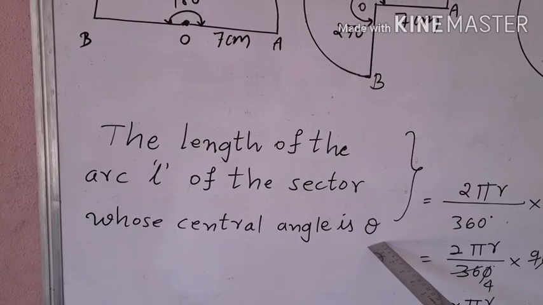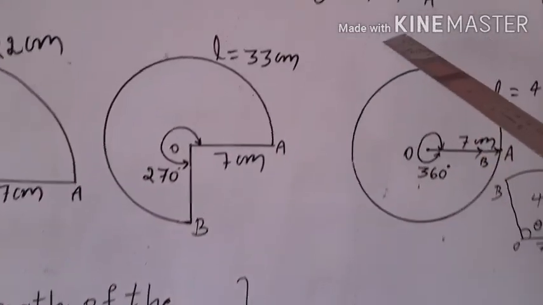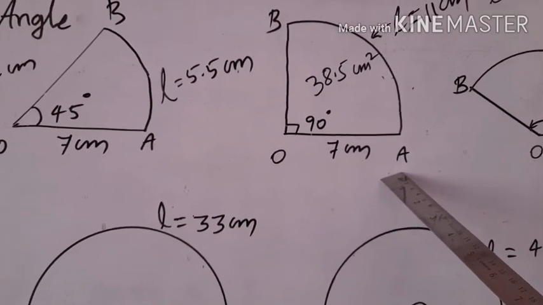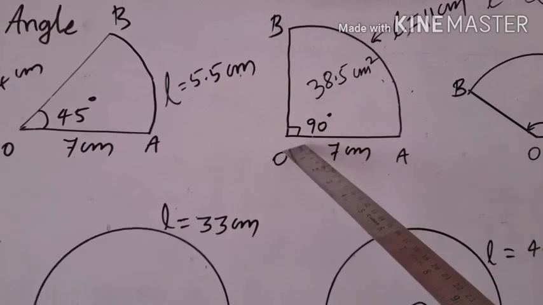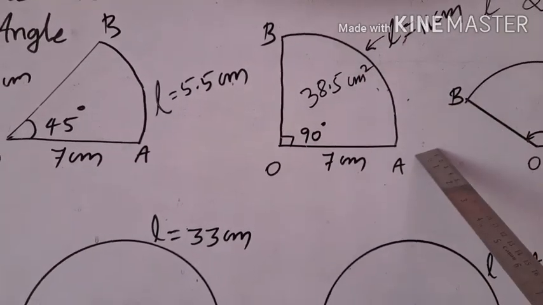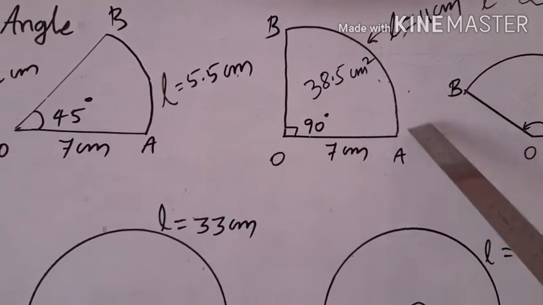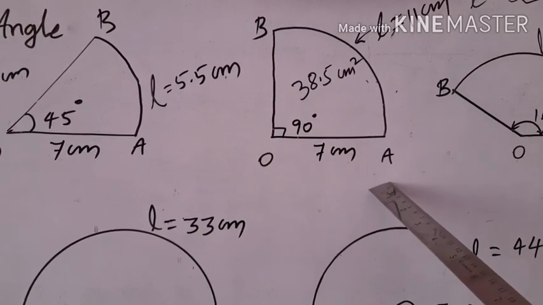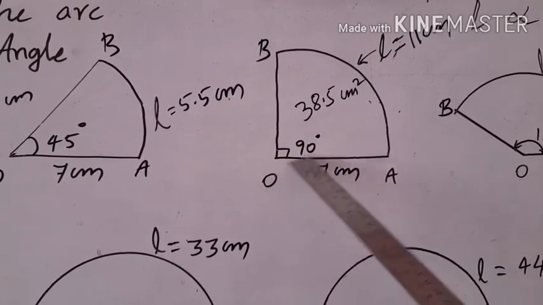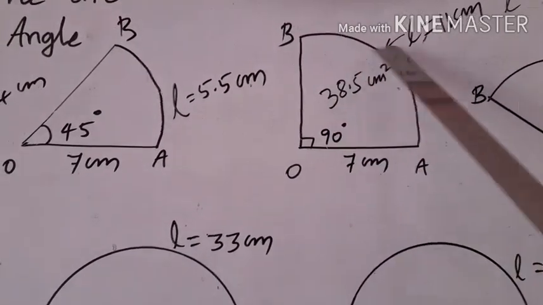See, for example, we will be asked, if the radius of the sector is 7 centimeter and its central angle is 90 degree, find the length of the arc of the sector. Okay, what is the question? If the radius of the sector is 7 centimeter and its central angle is 90 degree, find the length of the arc of the sector.